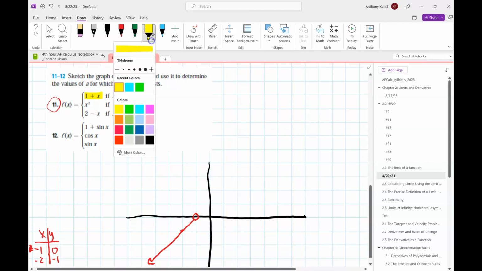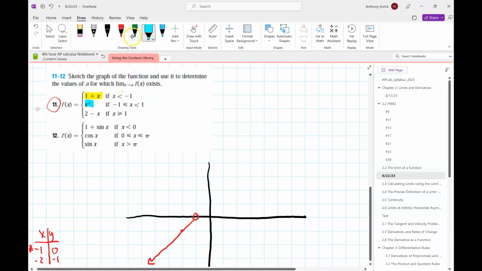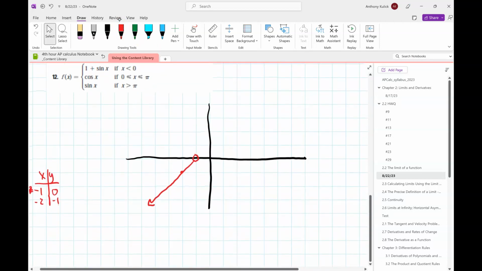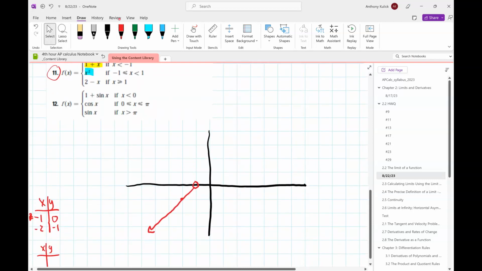I'm then going to move on to my next piece, y equals x squared, which is what kind of function? Quadratic, yeah. To graph a quadratic, how many points do I need? At least 3, one of which must be the vertex. So for y equals x squared, the vertex is the origin 0, 0, right?